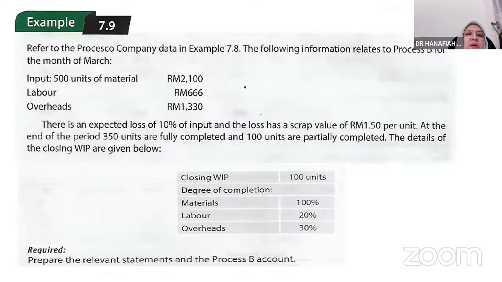Okay, so refer to another example here. Example 7.8, and we can relate the following information to process B. You have to remember, let's say we have two processes in the production.